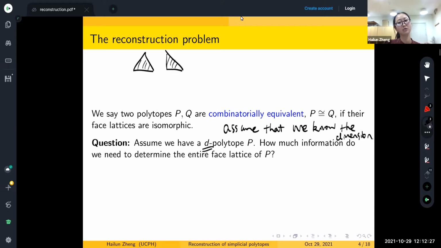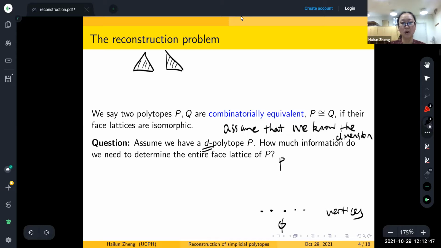You also know that the dimension of the polytope is D. And then I want to know how much information do we need to determine the entire face lattice of P. So in the face lattice, let's say this is P and this is the empty set, right? And then maybe I have something here. So these are the vertices of P, all the way to a couple of things called the facets of P, right? This is going to be the entire face lattice.